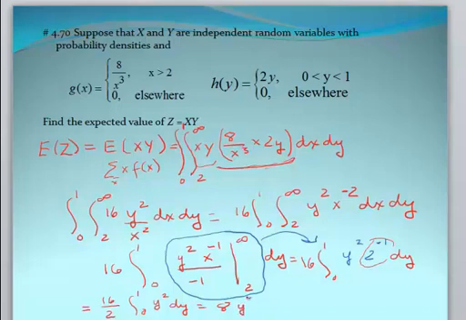Y to the third over 3, evaluated from 0 to 1. So it ends up being 8/3. Check. That's the expected value of x times y.